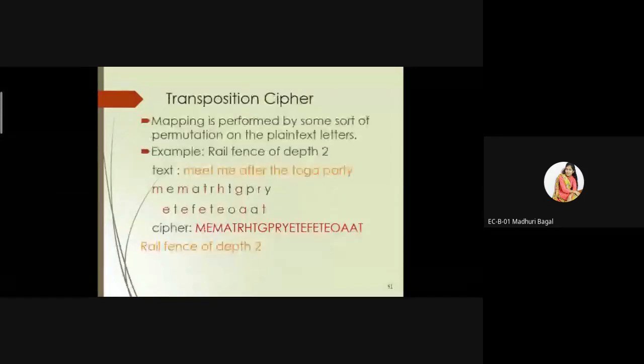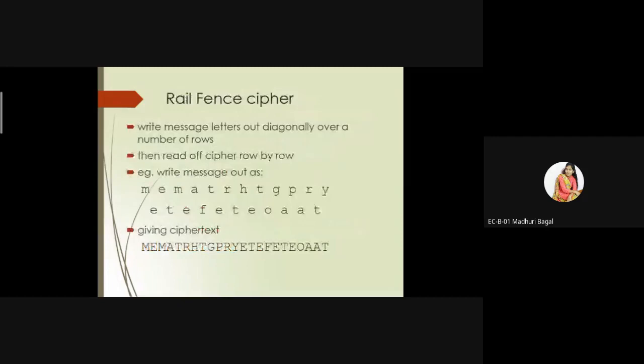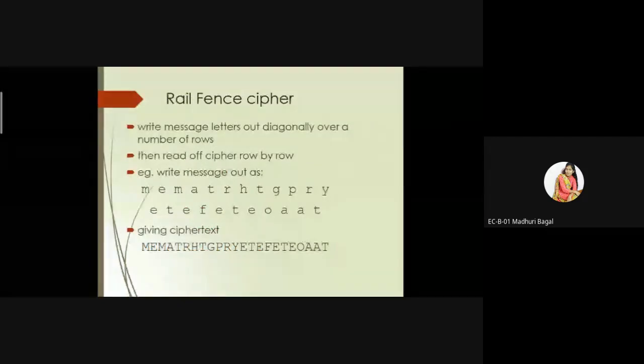Look at our plain text: meet me after the toga party. We divide it into two parts and write it in a diagonal order. Can anyone describe how we can represent this message in a diagonal manner?